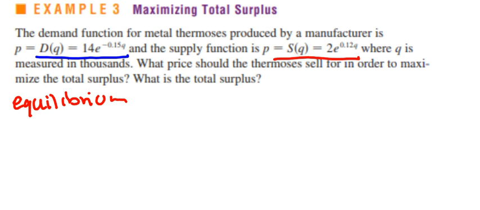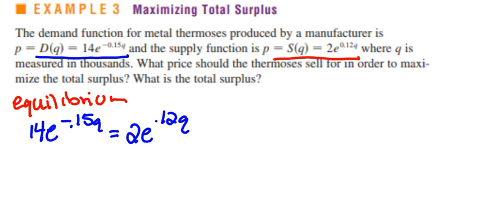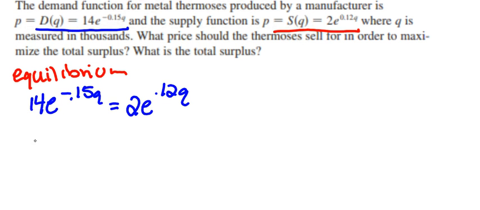So to do that, we're going to make the demand equal the supply function. So we're going to do 14e to the negative 0.15 Q equals 2e to the 0.12 Q. I'm going to divide by 2. So now I have 7e to the negative 0.15 Q equals e to the 0.12 Q.